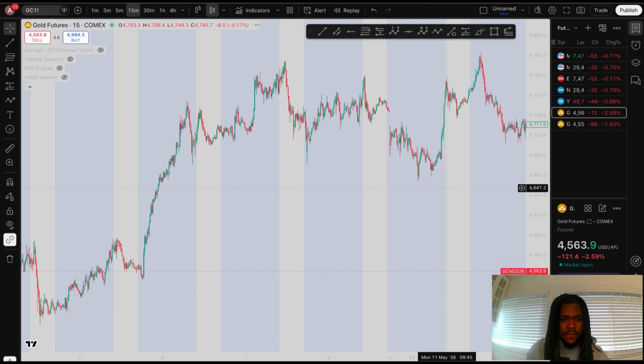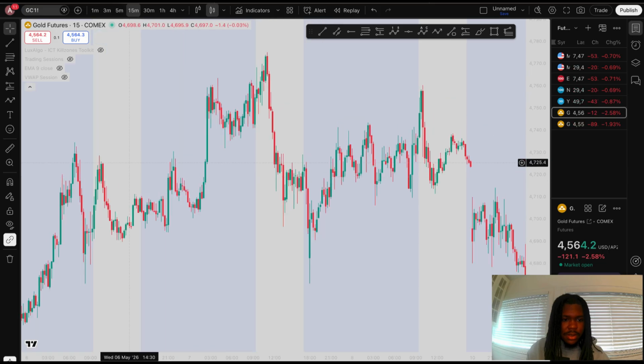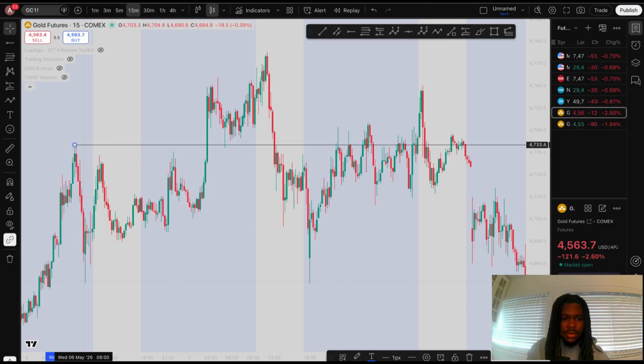Does gold have any examples? Okay, so boom, kind of like right here is a good example of it. As you can see, price is kind of bouncing between this general area.